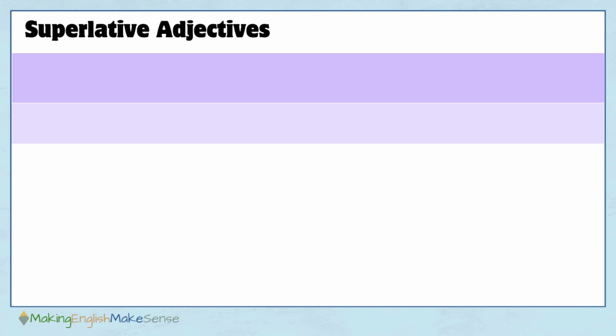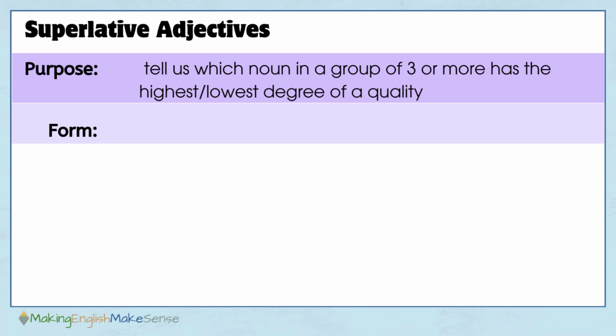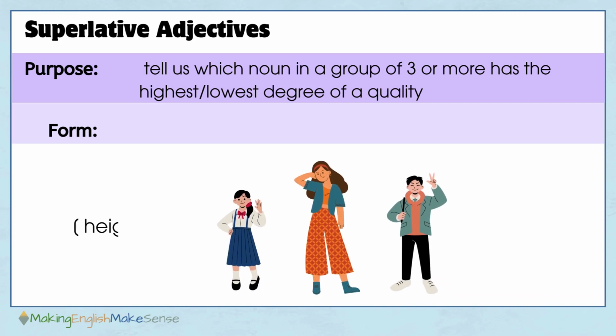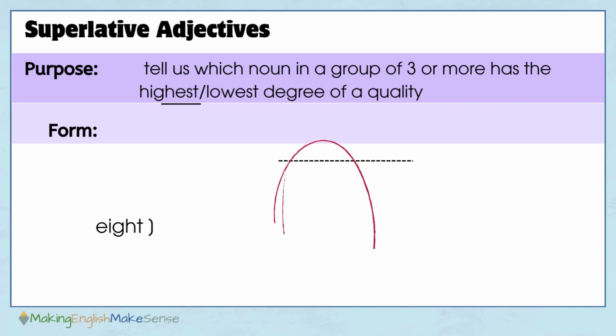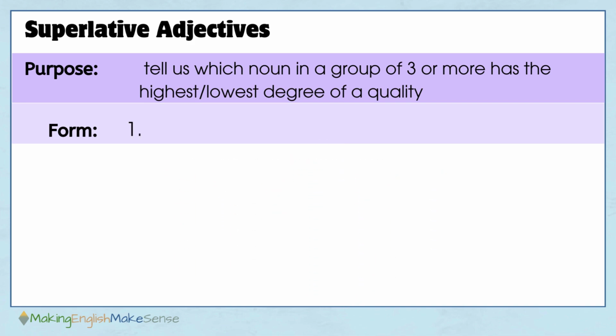Now let's look at superlative adjectives. A superlative adjective tells us which person, object, or idea in a group of three or more has the highest or lowest degree of a certain quality. Like comparative adjectives, we form superlative adjectives in two different ways.